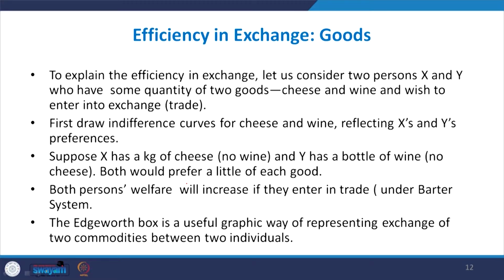To explain the efficiency in exchange, let us consider two persons, say X and Y, who have some quantity of two goods, say cheese and wine, and wish to enter into exchange. They want to trade.